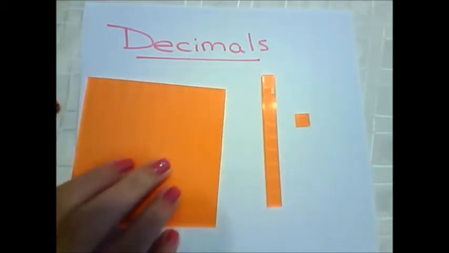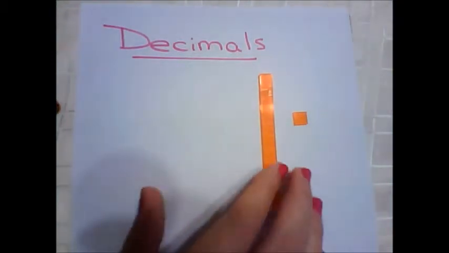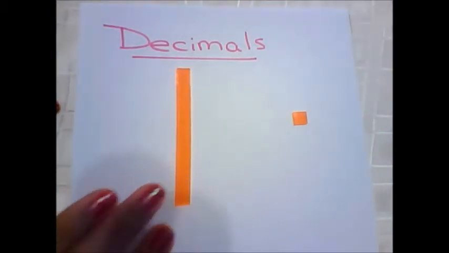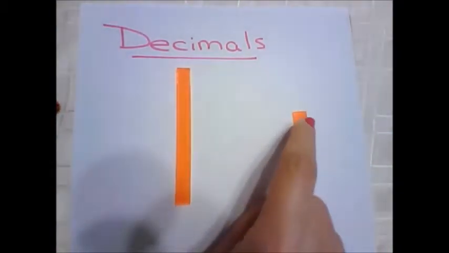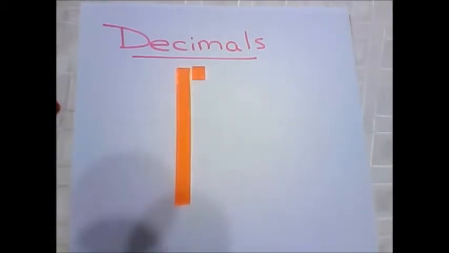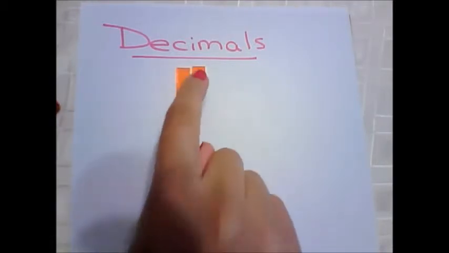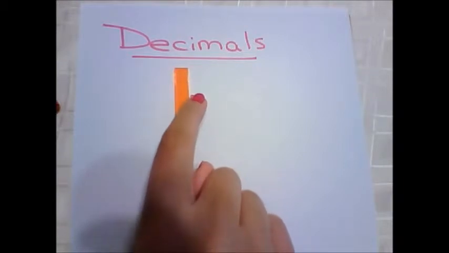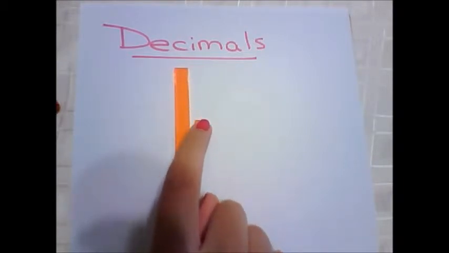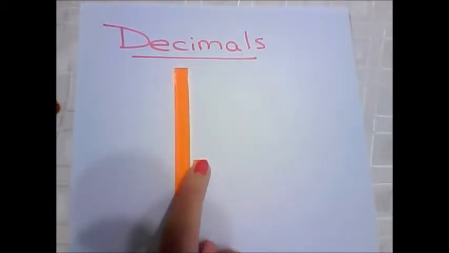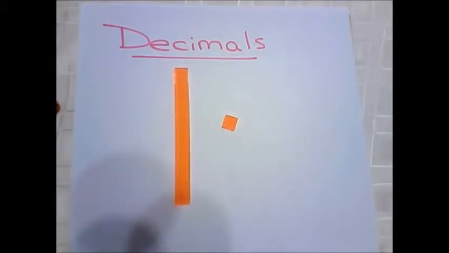I'm going to take this away and we're going to get smaller. The next thing here is a rod. We have 10 units that encompass this rod: 1, 2, 3, 4, 5, 6, 7, 8, 9, 10. Probably haven't heard the term base 10 in a while, only because you probably haven't worked with these blocks in a very long time.